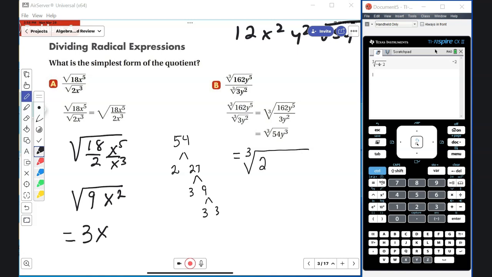So we have 2 times 3 to the third power times y to the third power. And we know that the cube root of 3 cubed is 3. We know the cube root of y cubed is y. So you have the cube root of 2. So the cube root of 54y cubed simplifies to 3y times the cube root of 2.